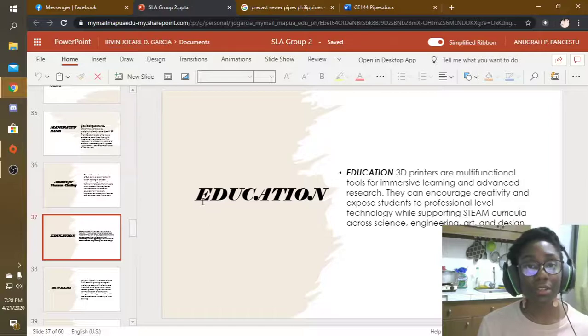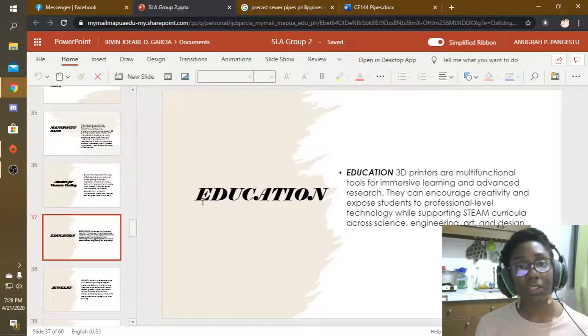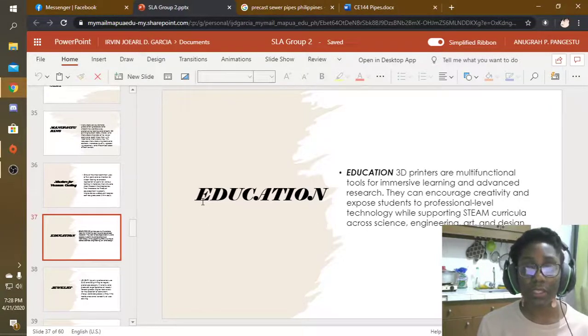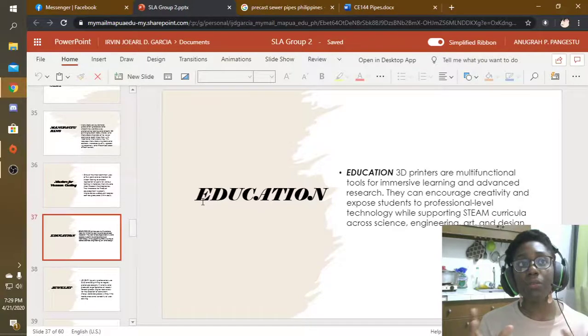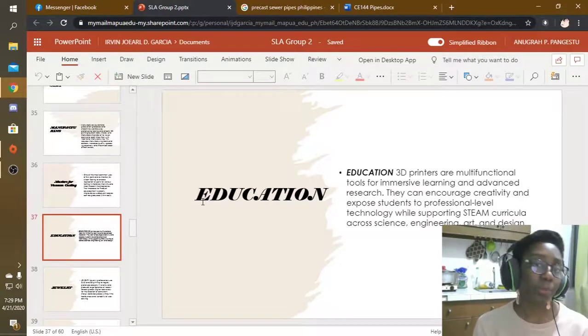All we have to do is simply 3D print it. When we 3D print it, we can all pass it around in class and look at it and observe it, and we get to understand how it really looks. That's one of the most important advantages of 3D printing.